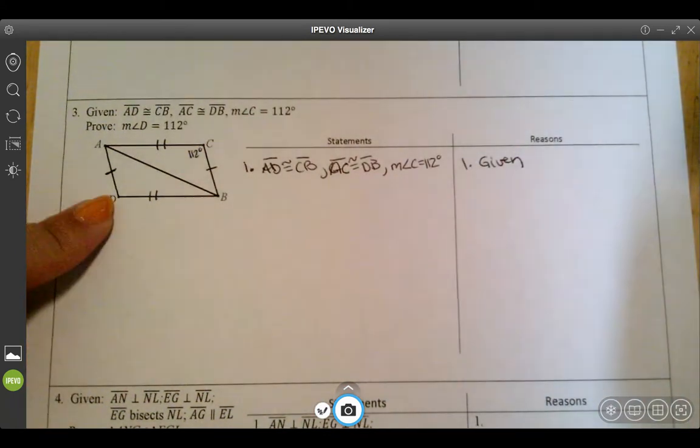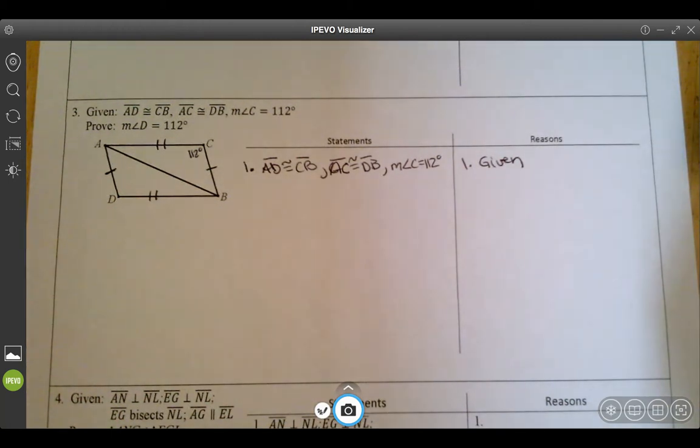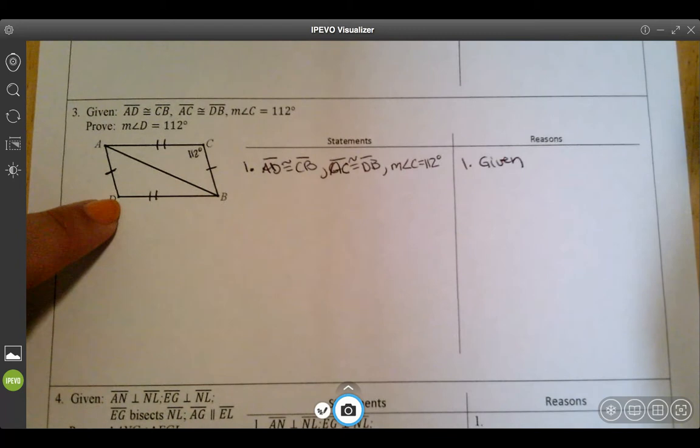I want to find the measure of angle D to be also 112 degrees. Well, in order to find that angle measure, we need congruent triangles. So how do we show that these 2 triangles are congruent? So far we have 2 sides. I need either another side or the angle between those 2 sides. Well, there's no way to prove right now that angle D is 112. That's what we want to prove.